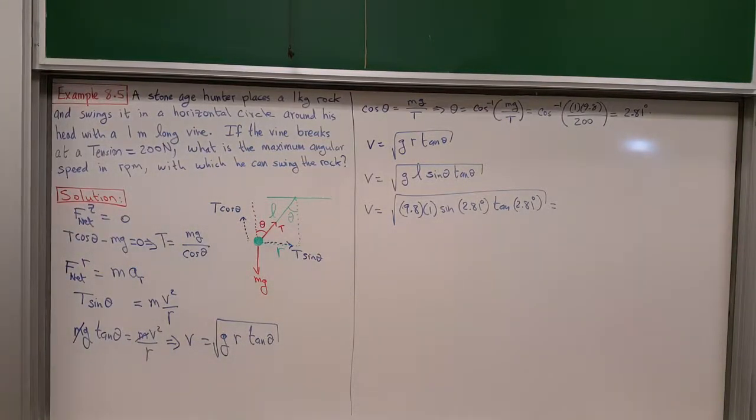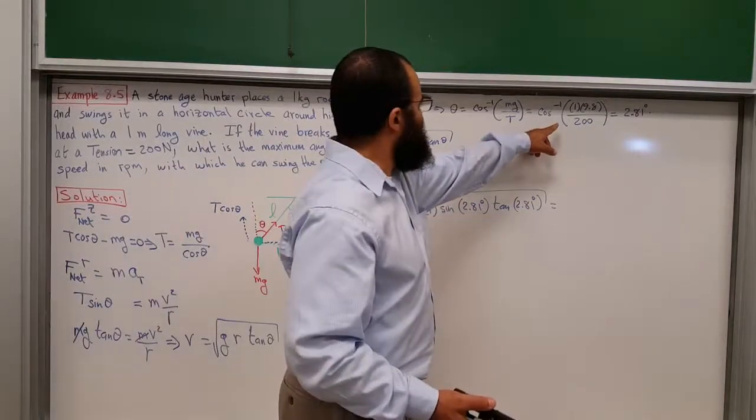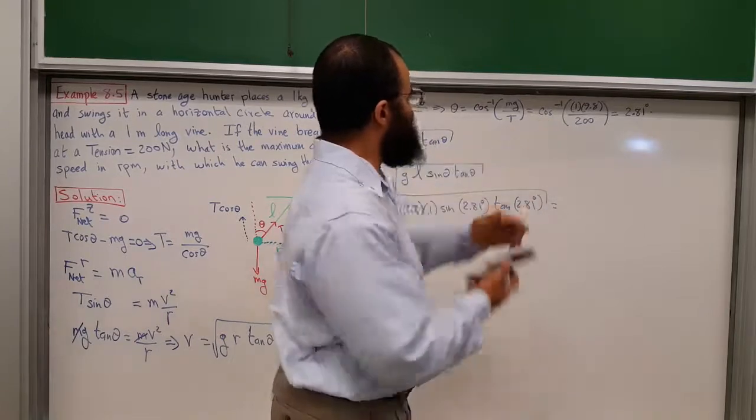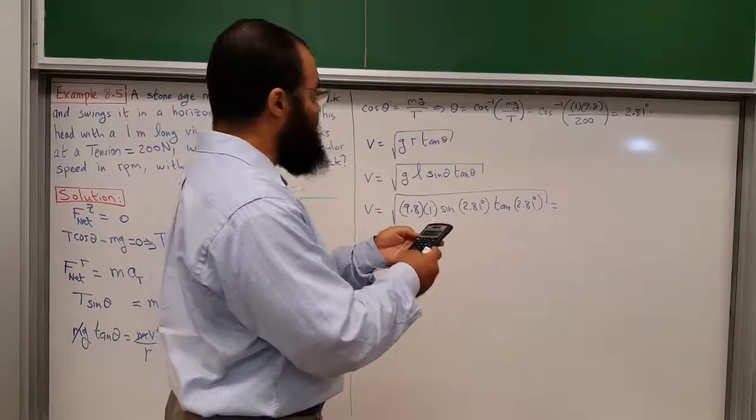I actually made a mistake here. I just checked. The angle is close to 0 here, so this should be close to 90. I think I plugged tangent inverse earlier. Let me redo it again.